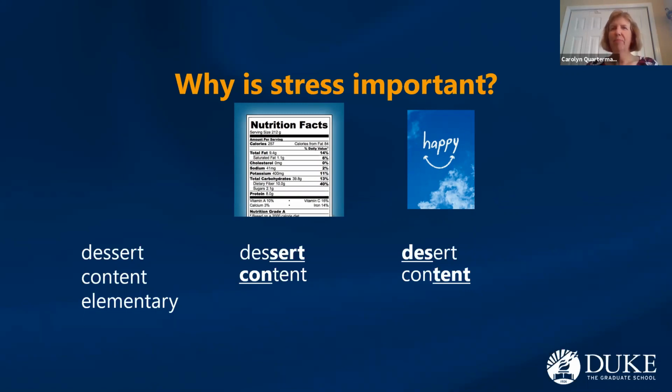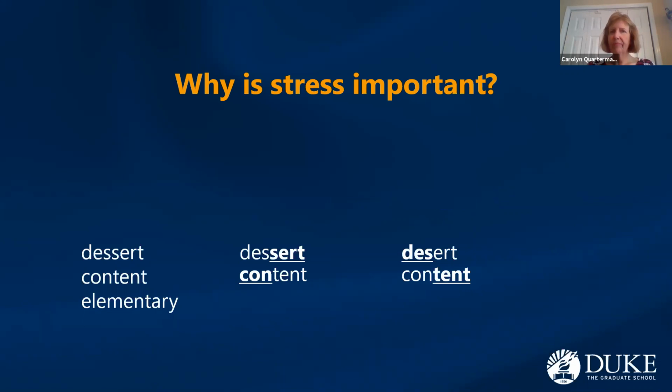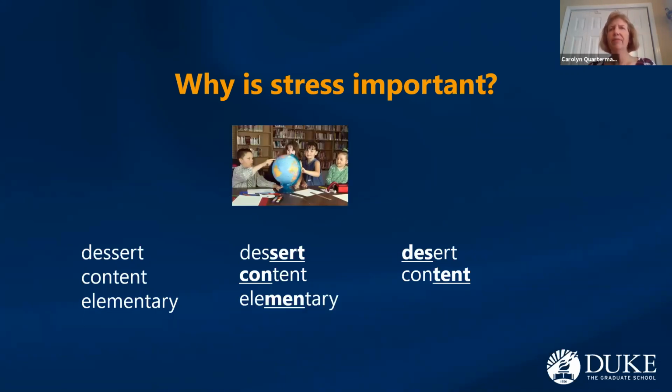Finally, one more example, elementary. If you stress it correctly on the third syllable, elementary, we'll think of the lower level of education or something very basic, elementary. However, if you accidentally misstress it and put it on the second syllable, elementary, there is no word stressed that way.